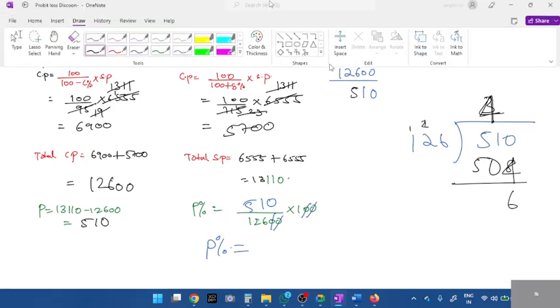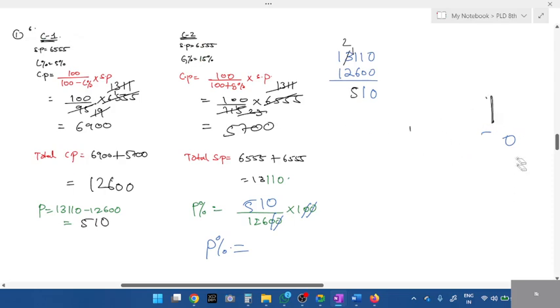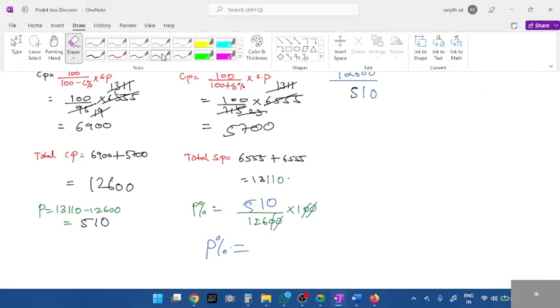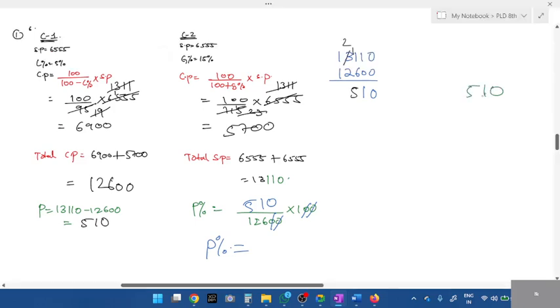Reduce 126 and 510. 2 2s are 4. How many times it goes? 250. 255, right? Okay, 255 and 63.